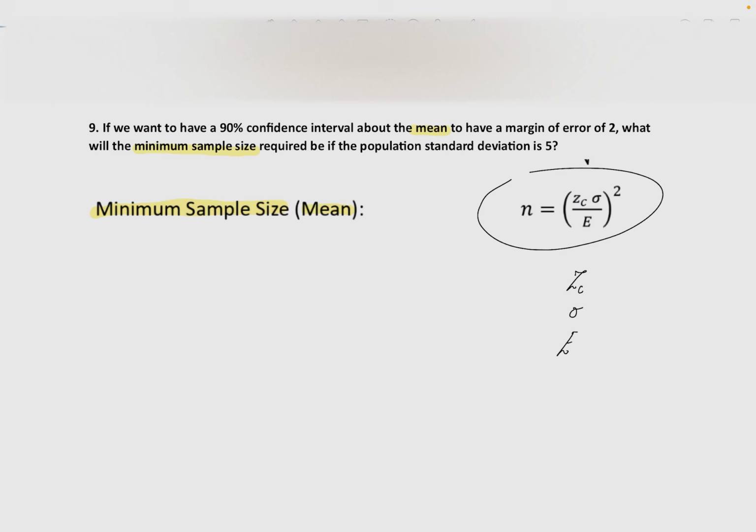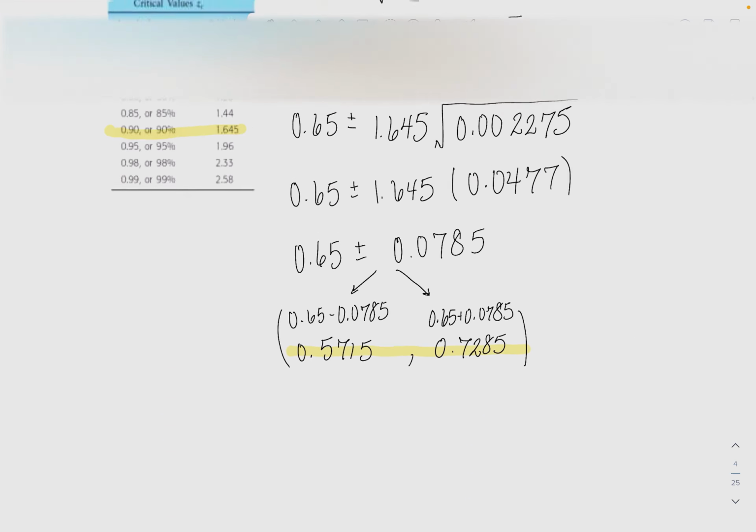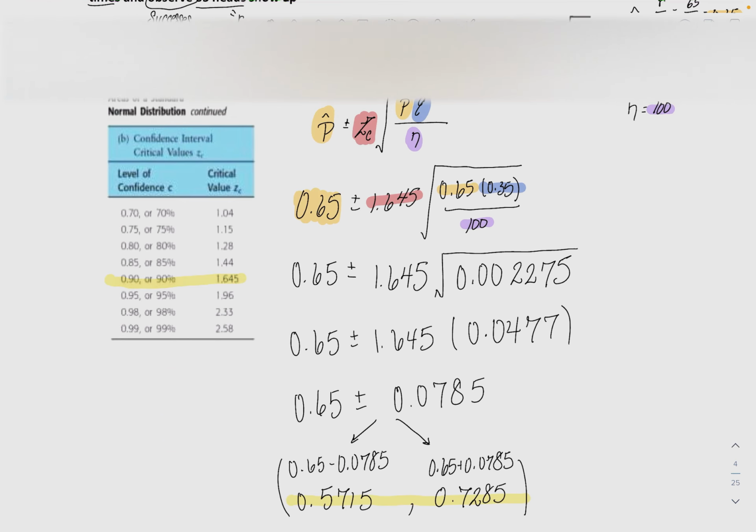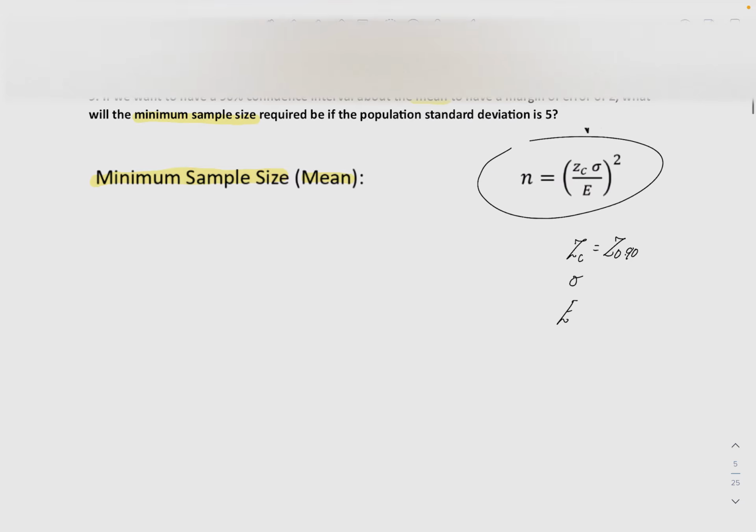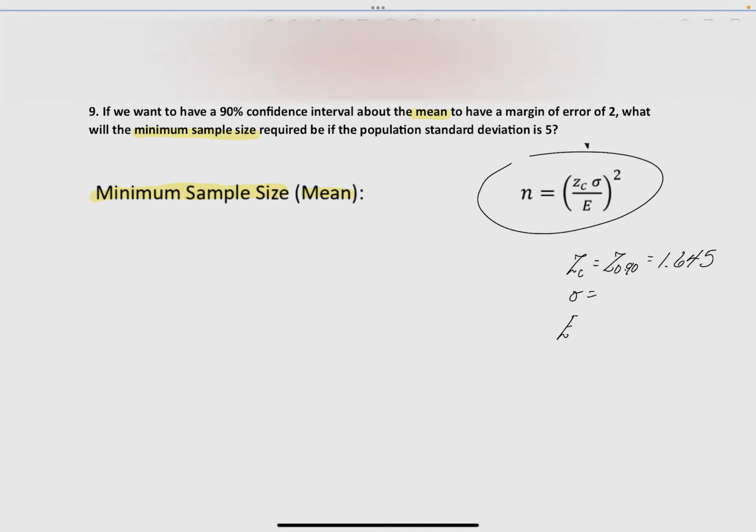Okay, so this is the same as 0.90, which if we look on the previous table, I didn't really copy it down again. It's 1.645. The population standard deviation is given to us clearly in this statement as 5.